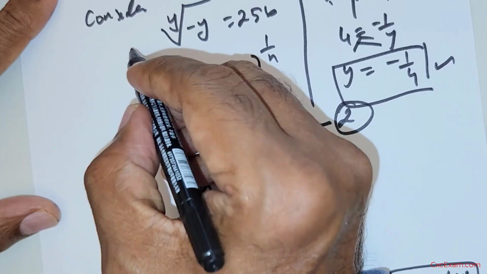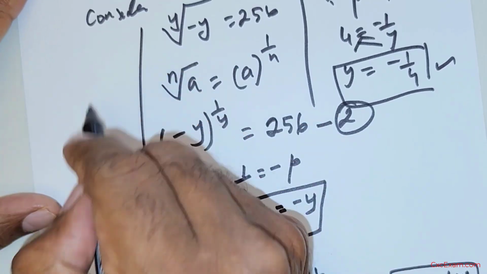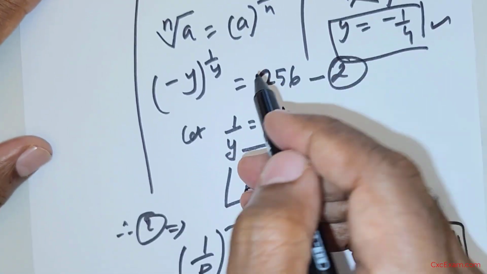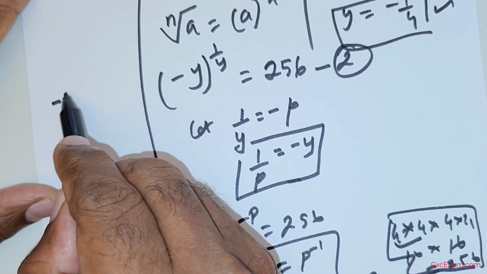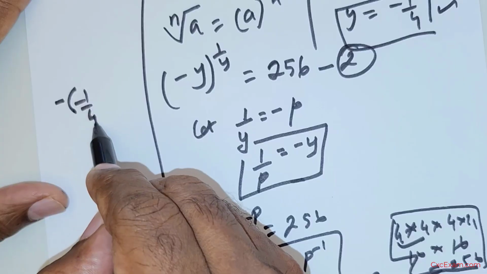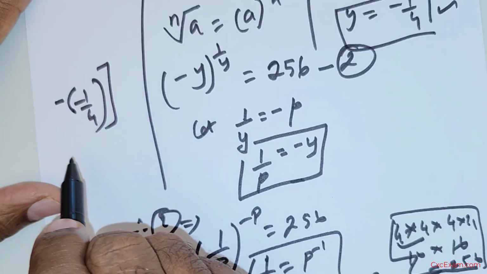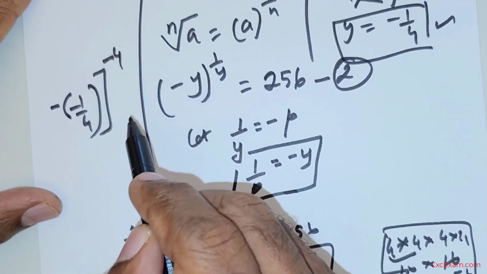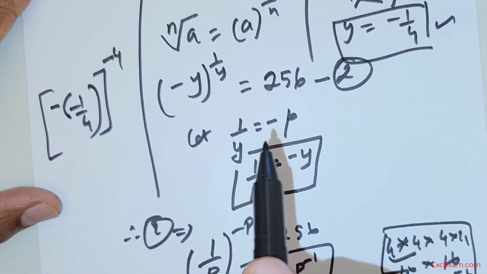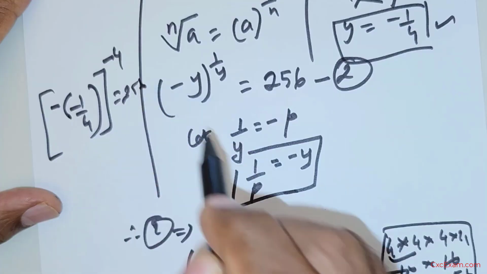Now you can make the check. If I take y to be negative 1 over 4, substitute the value here. So negative of negative 1 over 4, this is raised to the power of y, which is negative 1 over 4. That means this will become negative 4, is equal to 256.